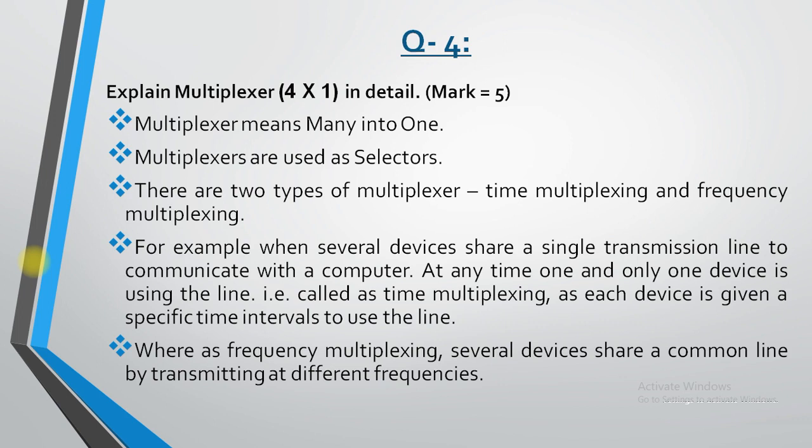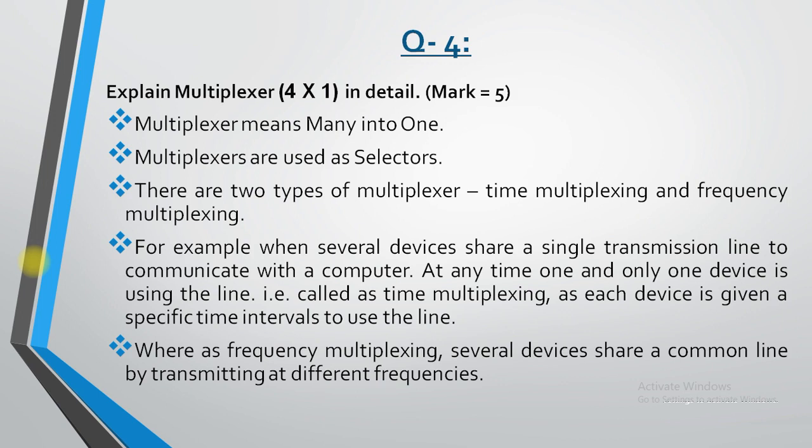Now what does time division multiplexing mean? You are working with a network, and in your network at a time there is only one device you want to share between the resources. So there is only one communication line which can be used for a specific time interval. So that is referred to as time multiplexing.